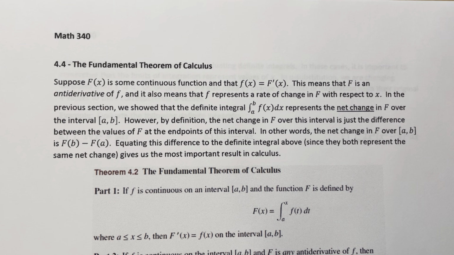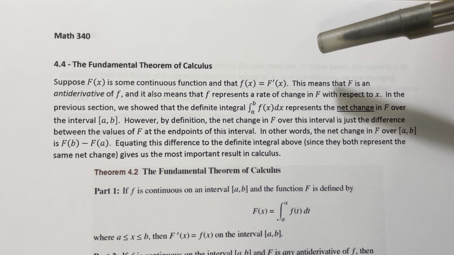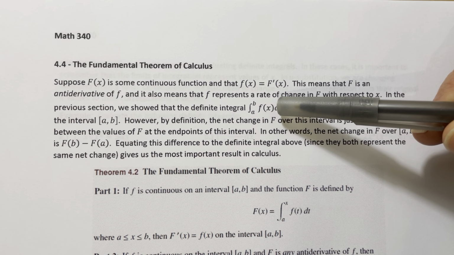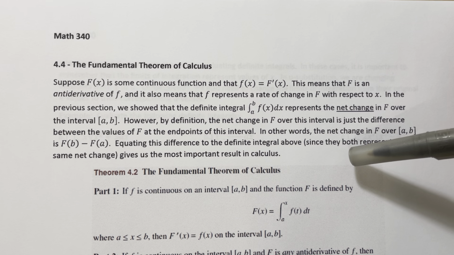So with that said, in section 4.3, when we were looking at definite integrals, we saw that the definite integral, although it does represent the area under a curve, you can interpret in a different way. You can interpret it as the net change of something if the integrand is the derivative of that something.